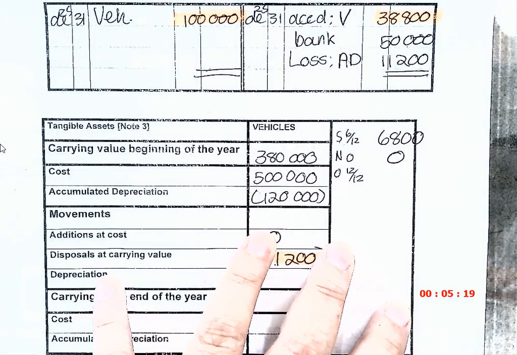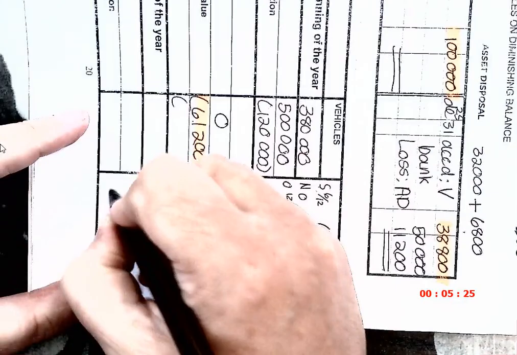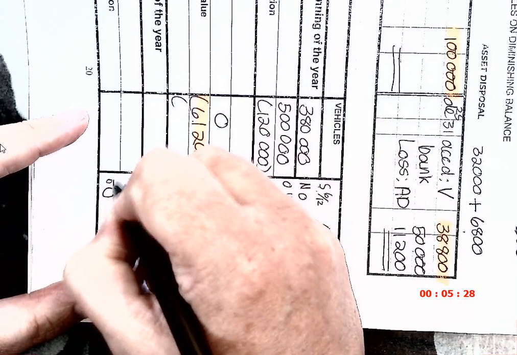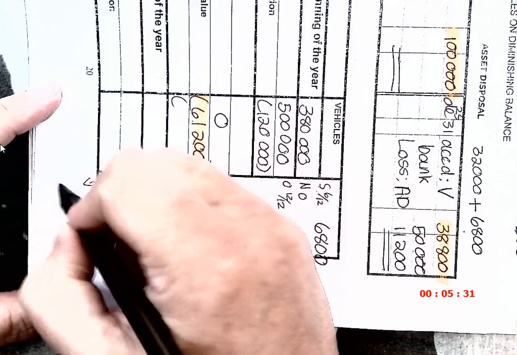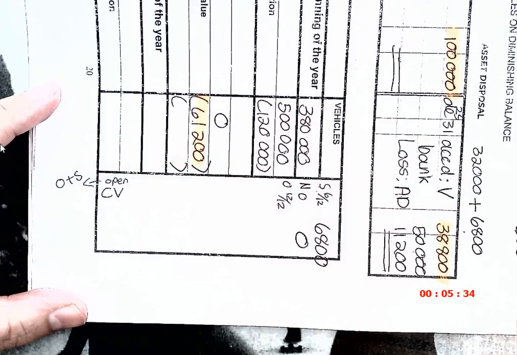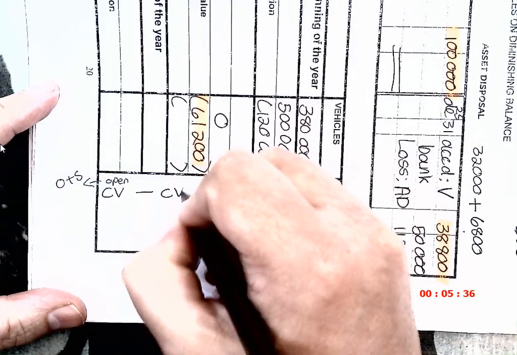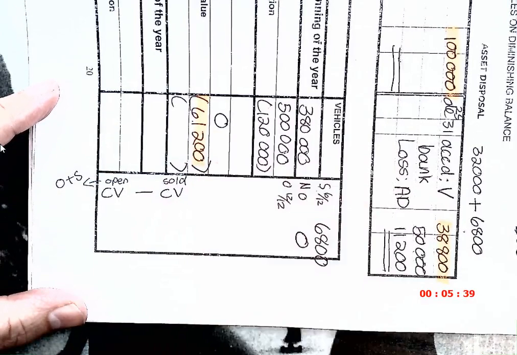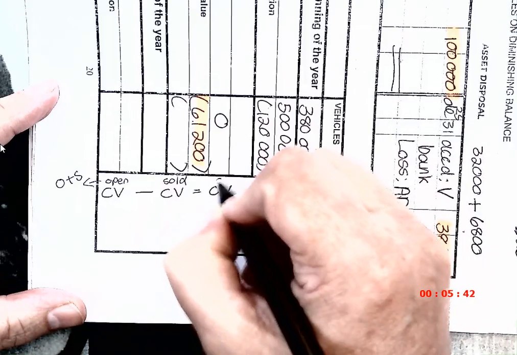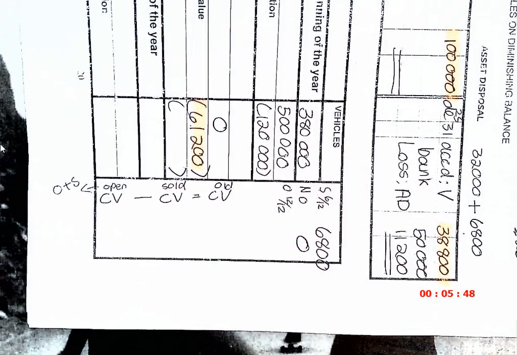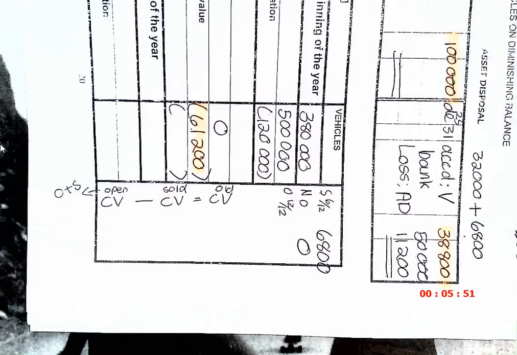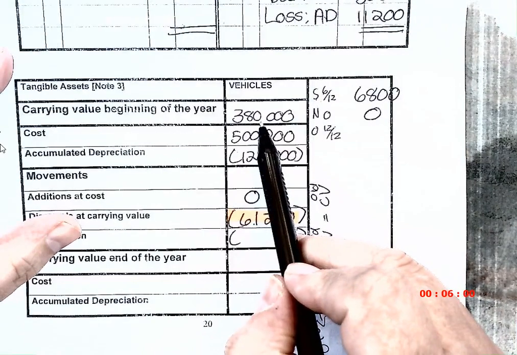Now, the old one. I'm going to turn my page like this. For the old one, I want the carrying value at the opening, which was my old and sold. And I want to subtract the carrying value of the sold one, so that I'm left with the carrying value of the old one. Is everybody happy? Yes. And I need to use the same time zone, so I need to use the start of the year. My total carrying value at the start of the year is 380.